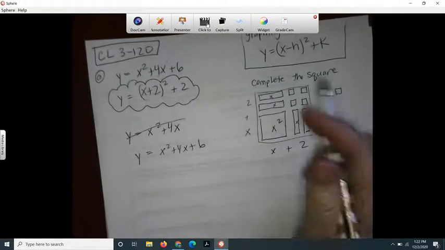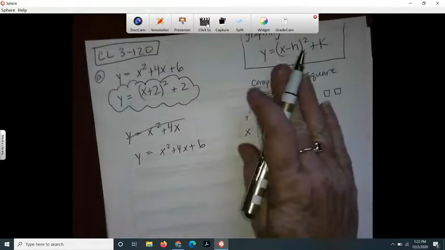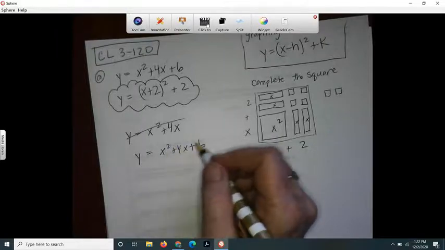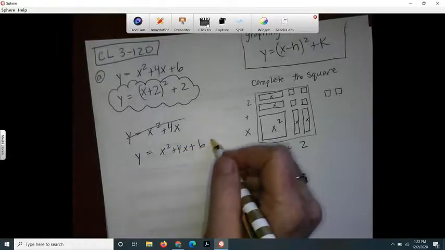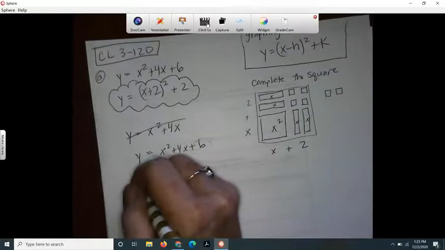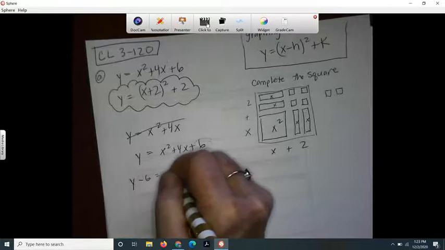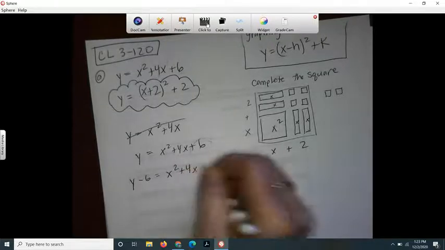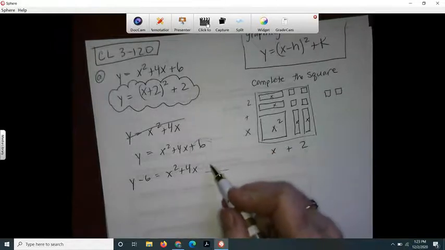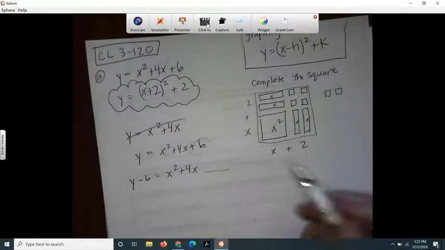If you're not going to use the tile method, you have to get a perfect square over here. So whatever's over here, like the ones, just take them to the other side like this. And then leave a blank spot right here.